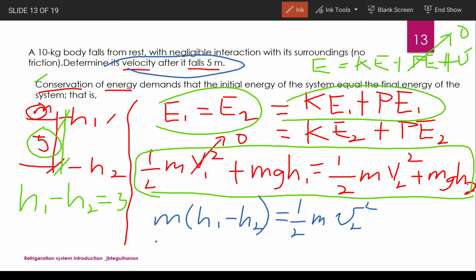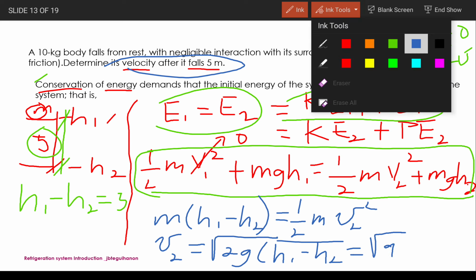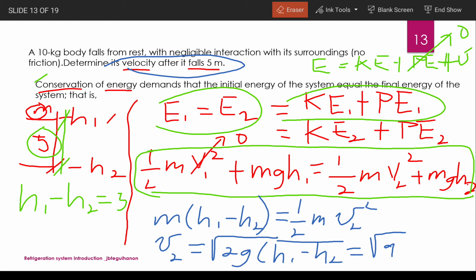So furthermore, your velocity 2 is equal to the square root of 2g times h1 minus h2, which is actually 5. That will give you the square root of 2, oh sorry, I'm jumping in.